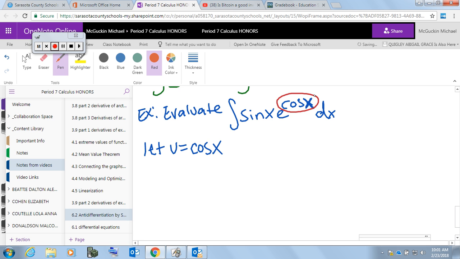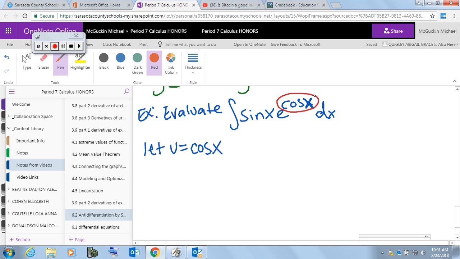But remember what we said in the last video: you cannot have a different independent variable from your differential. So, if I'm about to replace cosine of x with u, how do I get my differential in terms of u as well? I'm so glad you asked.